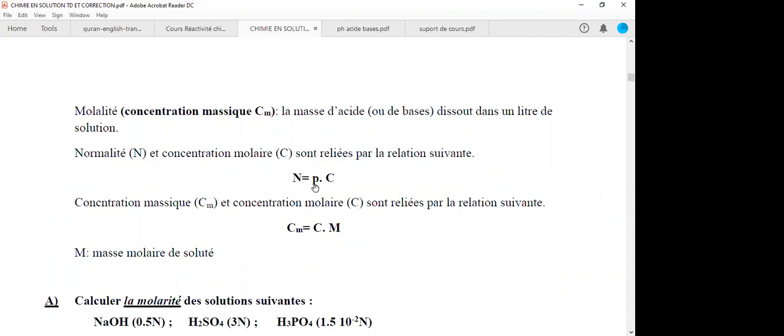If it is a basic solution, the number of hydroxide ions given out. If it is an oxidation-reduction solution, the number of electrons. This is the relation between concentration in moles per liter and mass concentration: mass concentration is given by the concentration times the molar mass M.